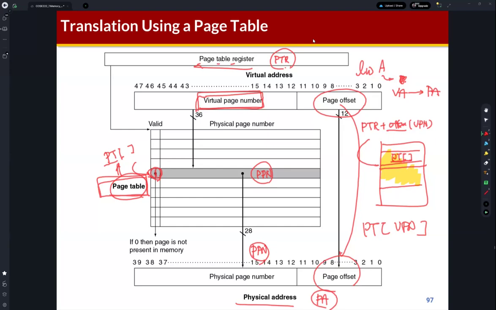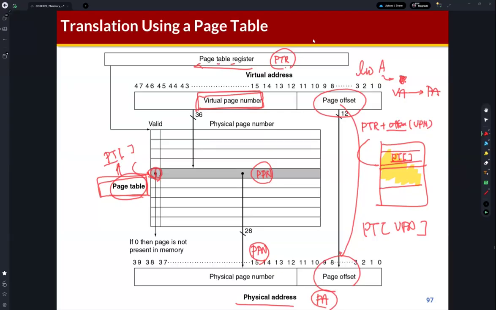This array element includes the physical address for the virtual address, and also some attributes, or some flags, for controlling.